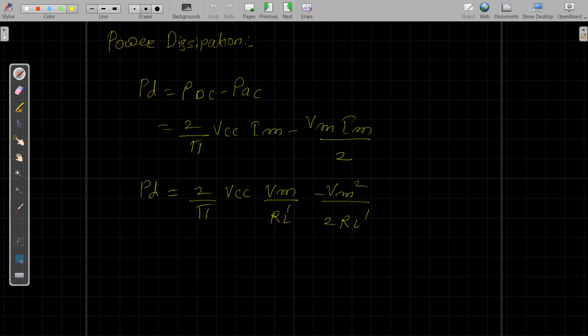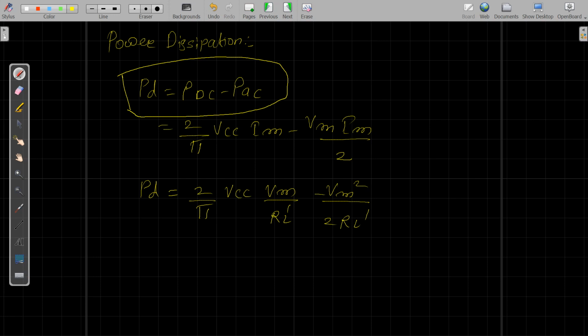We are always interested in finding the power dissipation. Now we are using two transistors in the class B power amplifier, so the power dissipation by both transistors is the difference between your AC power and DC power. This formula remains the same for class A series fed, transformer coupled, class B push-pull and complementary symmetry, because power dissipation is the difference between the actual input power and the power delivered to the load.